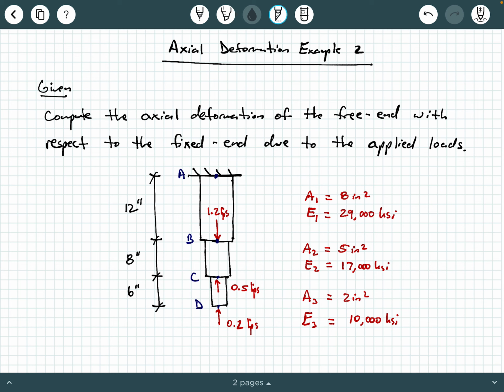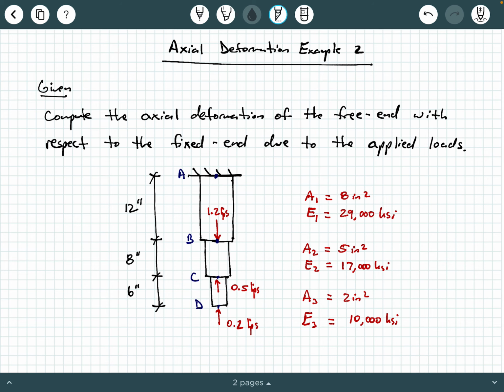We also have the lengths of each of these segments. Segment AB is 12 inches long, BC is 8 inches long, CD is 6 inches long, and each of these segments has its own cross-section area and modulus of elasticity labeled with subscripts 1, 2, and 3, referring to the first, second, and third segments, okay?